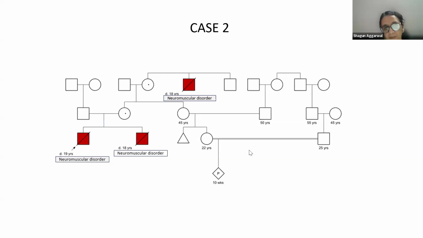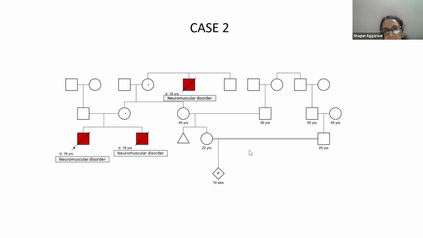Probably it came from her mom only. So her mom was a carrier, she became a carrier, and her brother became affected. And now she, being the carrier, has also transmitted this mutation to her daughter, and this daughter transmitted it to her sons, and the sons are affected. So any lady who is connected to two male relatives in two different generations with an X-linked recessive condition is an obligate carrier.